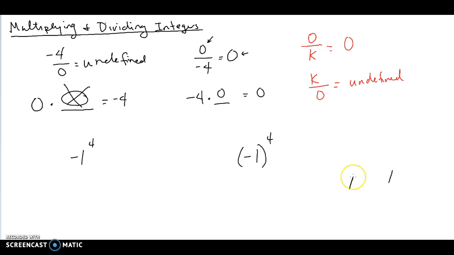With this particular example, this first one, because it's not in parentheses, is saying that we have just a 1 raised to the 4th.